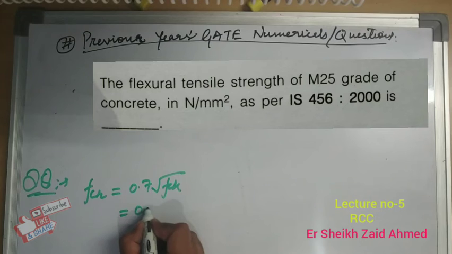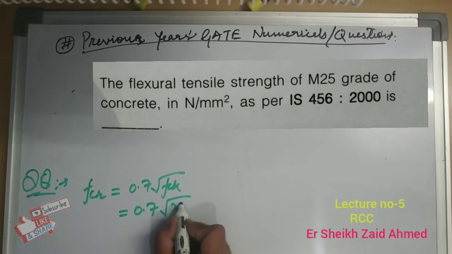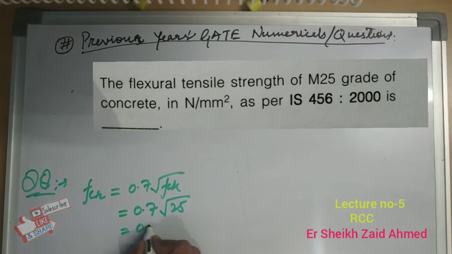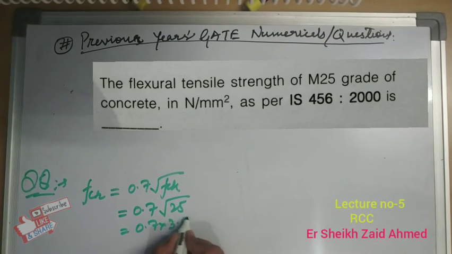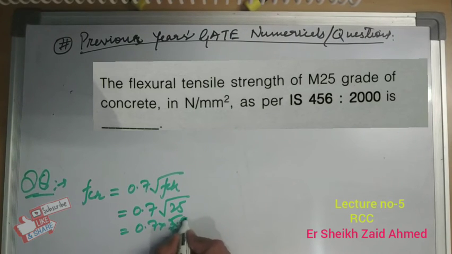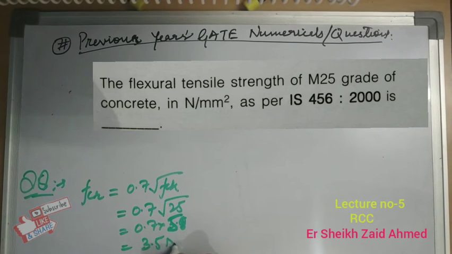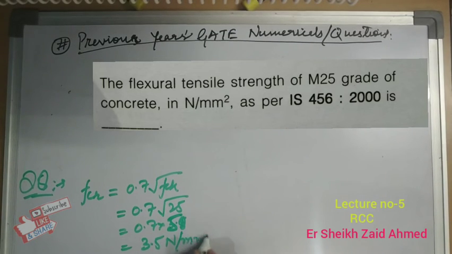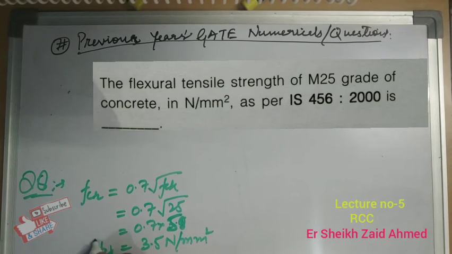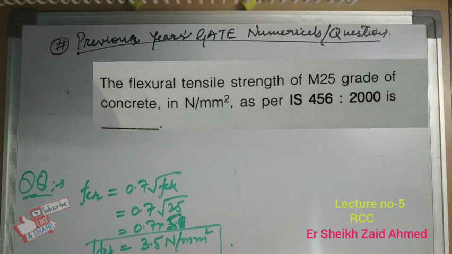So on substituting the values, we will get our answer as 3.5 Newton per mm square, which will be our flexural tensile strength.